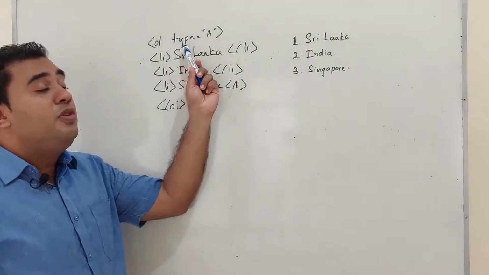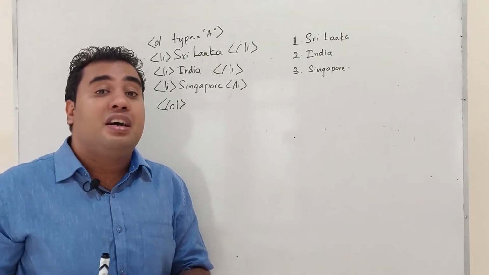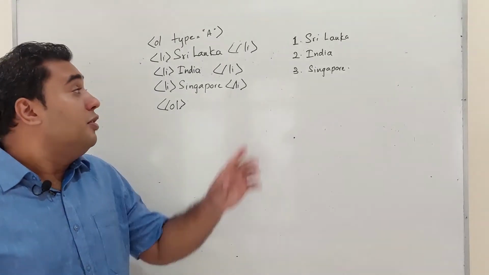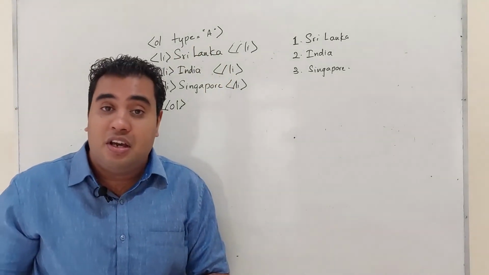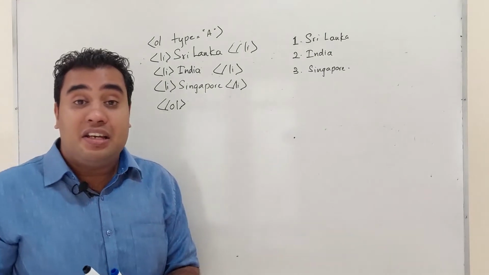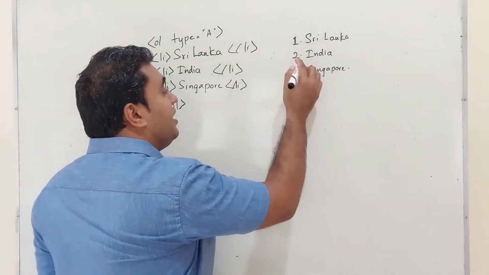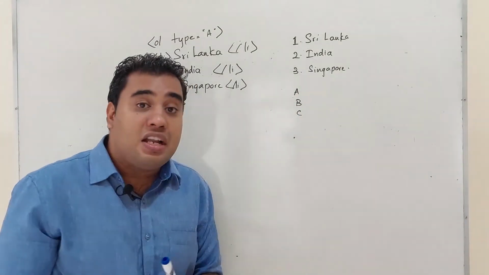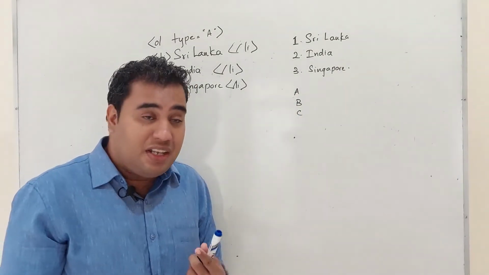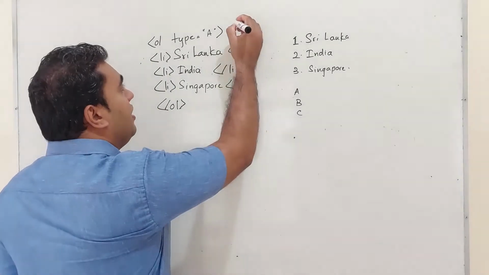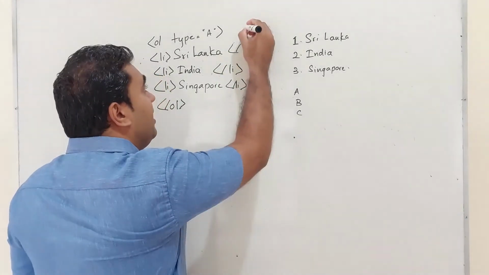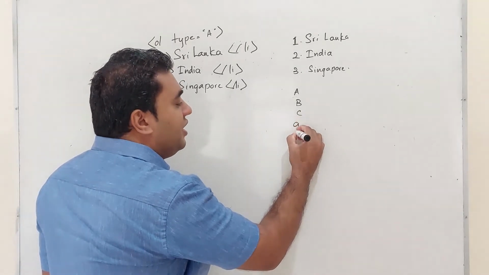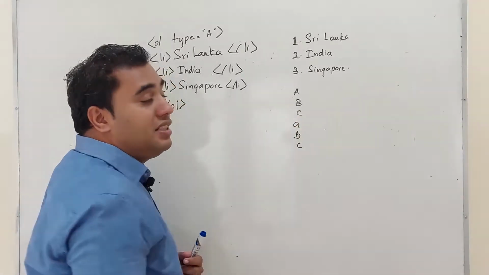So that is how we change the type of the ordered list. For this attribute, we can use capital A, then it will be displayed as A, B and C, and we can also use simple a as the value. If we use simple a, it will be shown as a, b, c, like that.